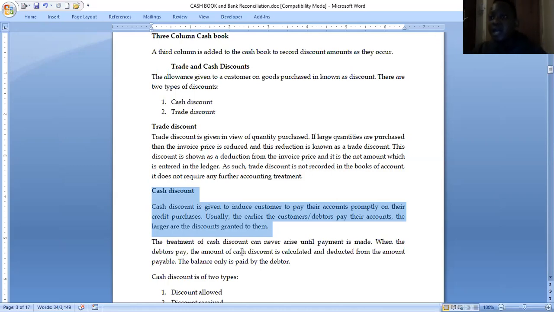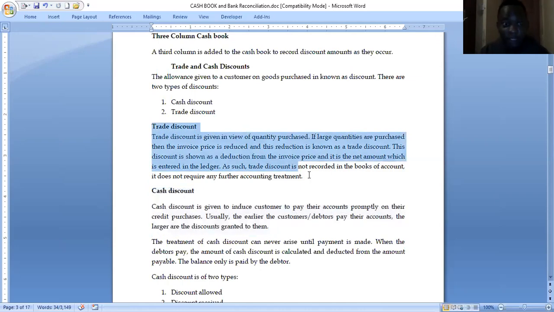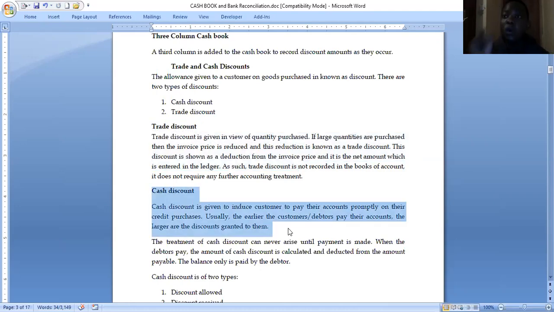Why are you paying less? Why are you receiving less? You have to record this cash discount. A trade discount is given in view of quantity purchased. A cash discount is given in view of the timeliness in paying for a credit transaction.